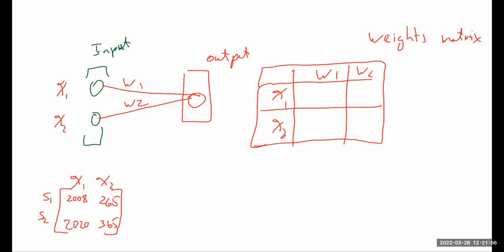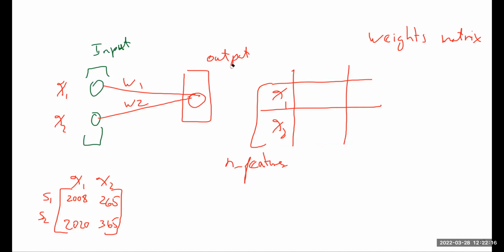And it has a dimensionality of number of features, n features, okay? And actually, sorry, I did this wrong. This should only be like that.